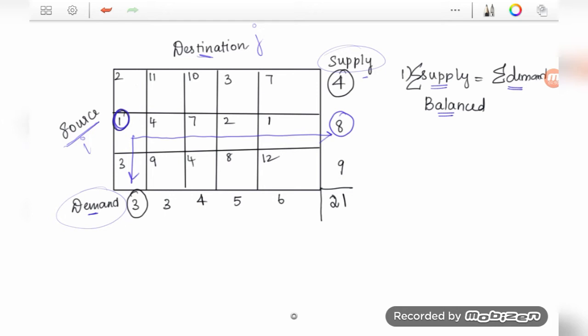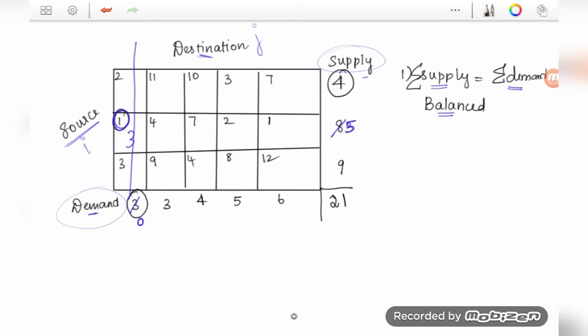You can see that 3 is smaller than 8, so we'll populate this cell with 3. Now you subtract that 3 from this demand, because we've taken it from this column. Since it has become 0, cut this particular column. Also subtract this 3 from the supply as well, so it will become 5.